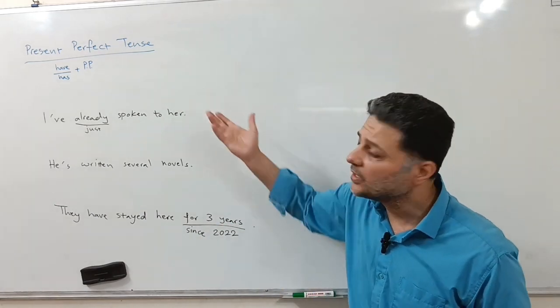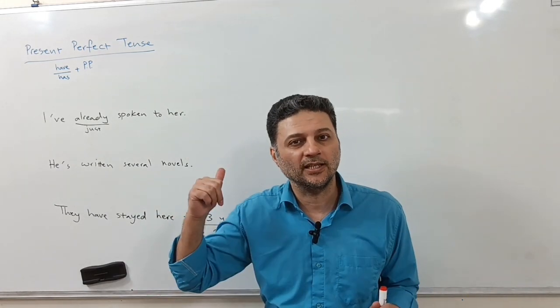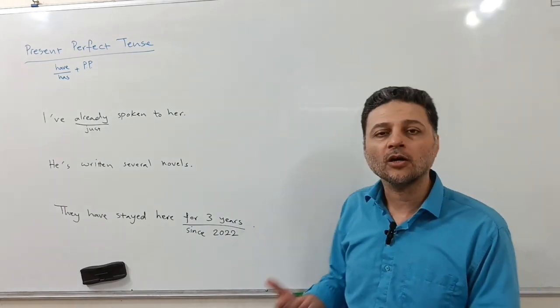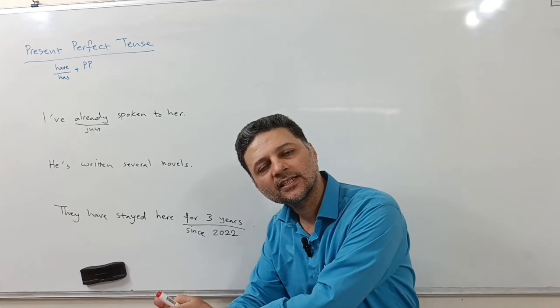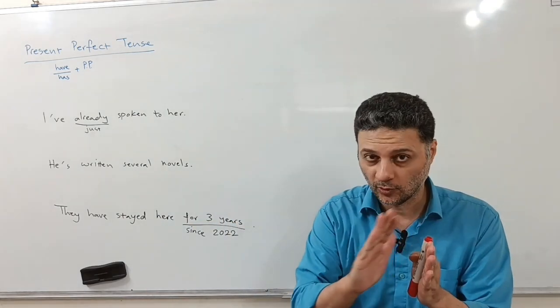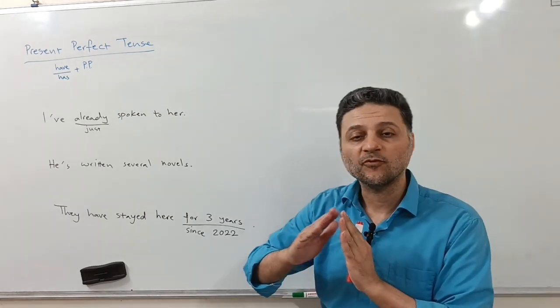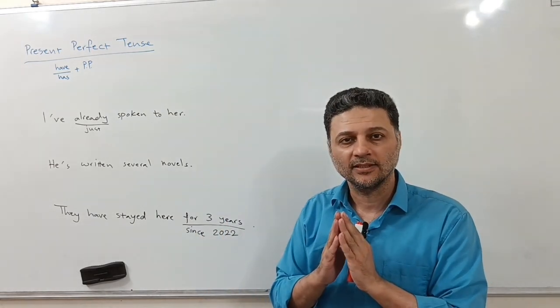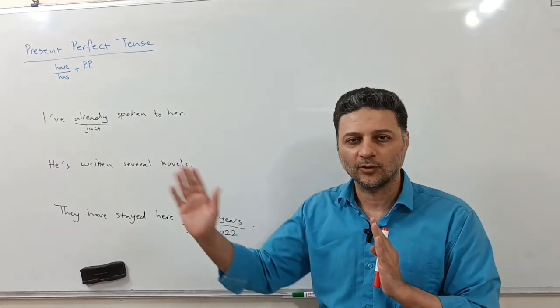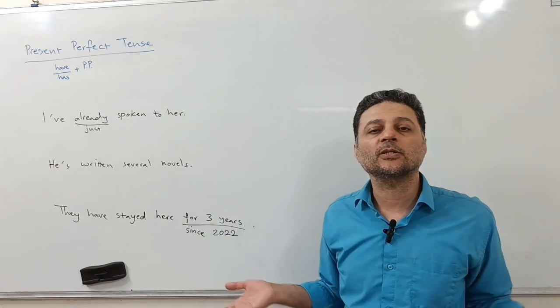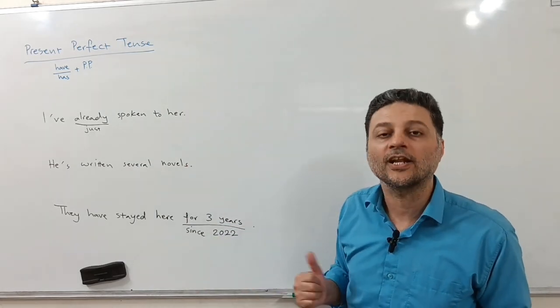Well, when do we use this tense? I already told you at the beginning. We use present perfect tense in order to talk about an action that started in the past and probably, not often, not always, finished in the past. But the effect is still ongoing, right? You could see the effect in the future or even right now. For example, here he's written several novels. Everybody knows him as a writer, a novelist, right?